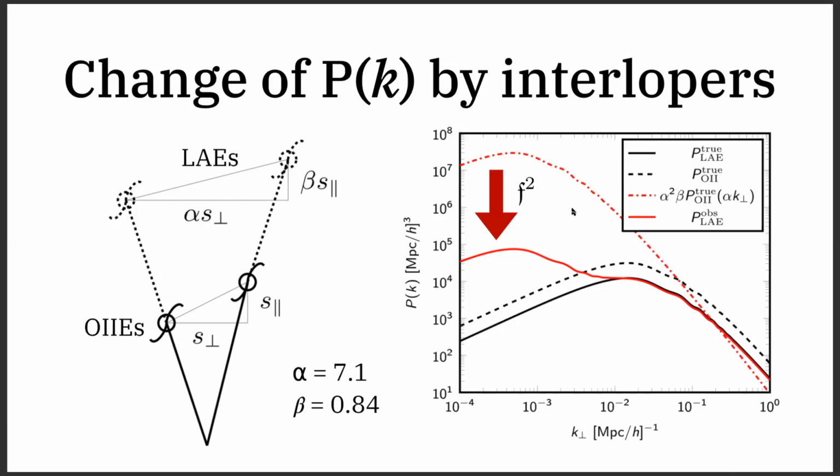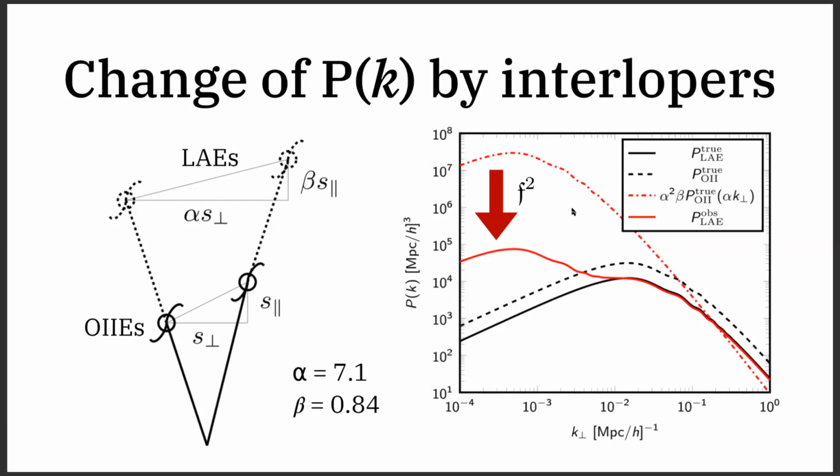That shifts this oxygen power spectrum to smaller K, okay? And the second thing is that you chart this small separation into large separation, and the power spectrum is proportional to volume. So you increase the signal by the ratio of alpha squared times beta, the volume ratio between this and that, okay? So you put it like that.